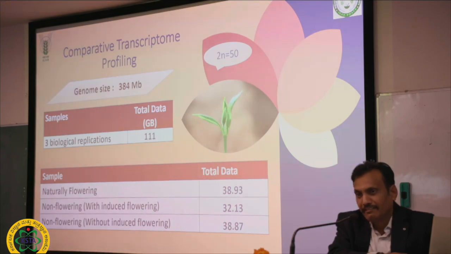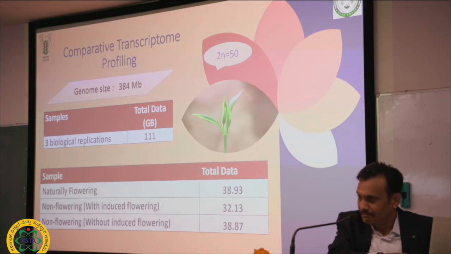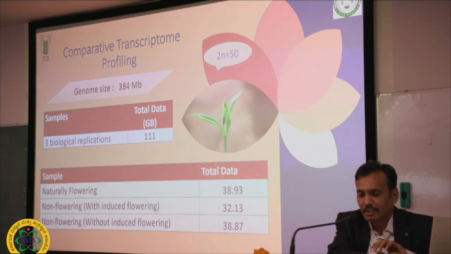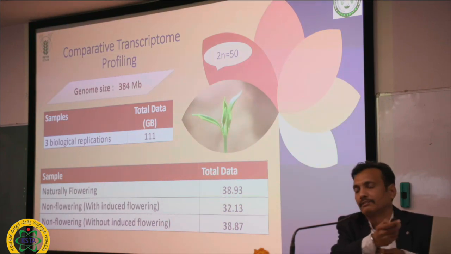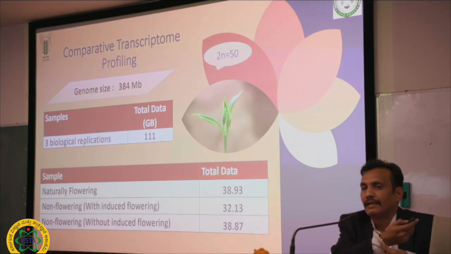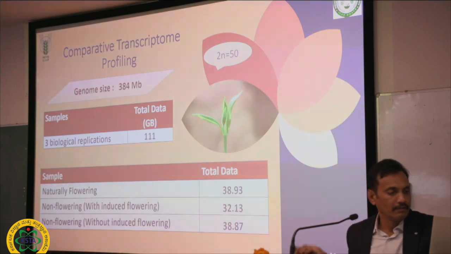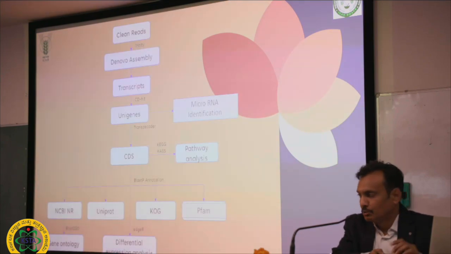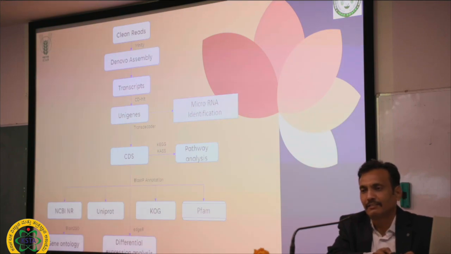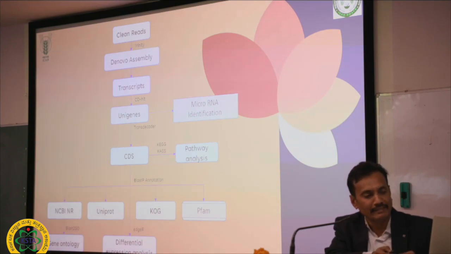This raw data was then cleaned, and high quality data was used for transcript predictions, then unigene predictions, and then CDS predictions. This was the flowchart of how we performed our comparative transcriptome analysis.